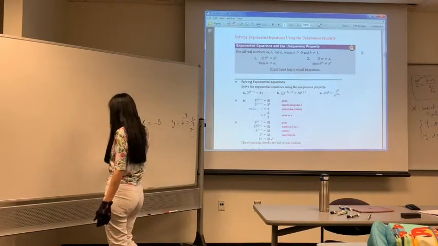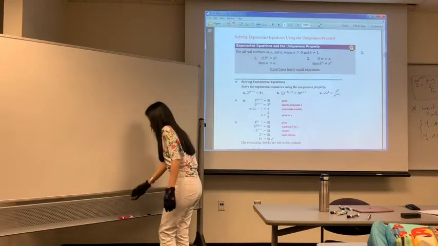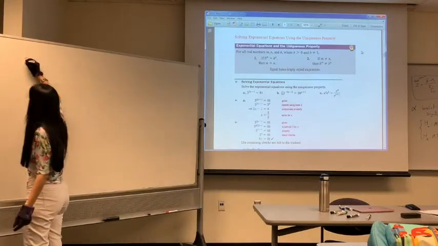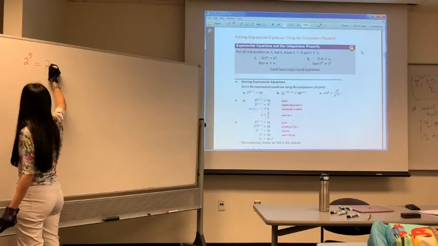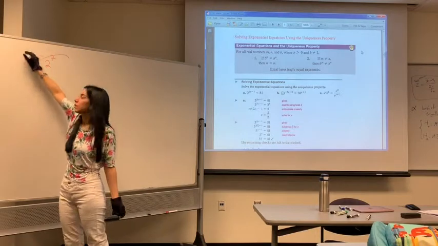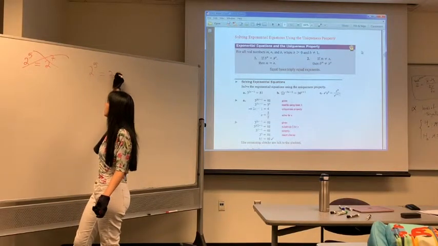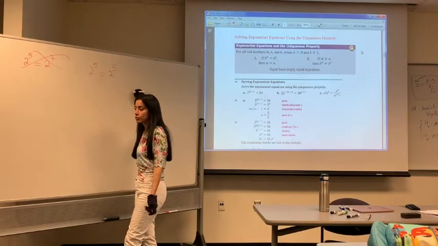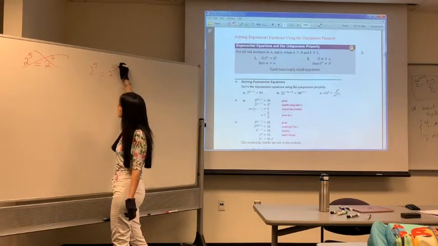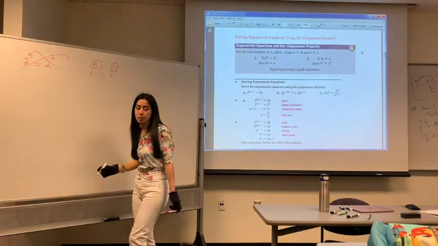They cannot be equal unless their powers are exactly the same. Like I cannot say 2 power 5 is equal to 2 power 7. This is true if 2 power 5 was equal to 2 power 5. So it's true if the powers are the same.